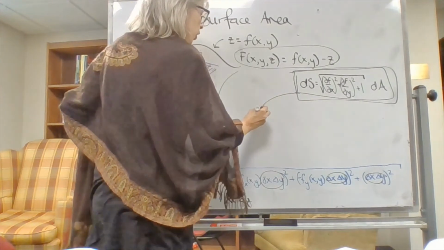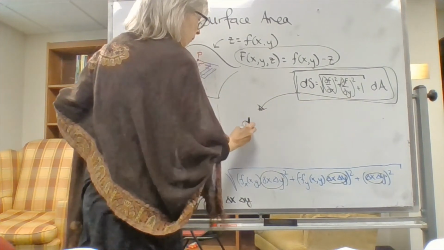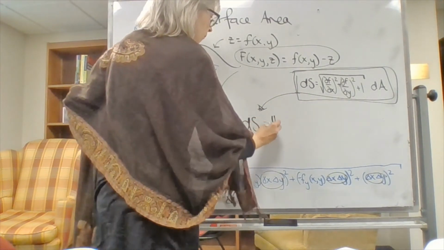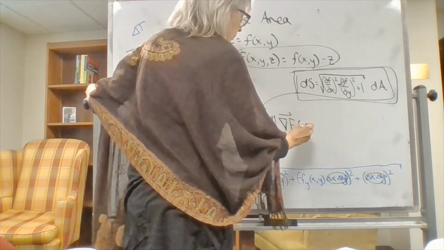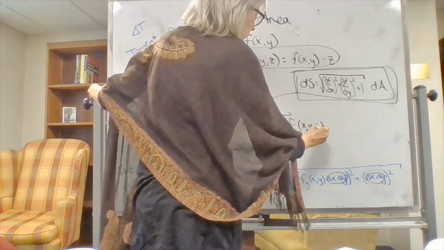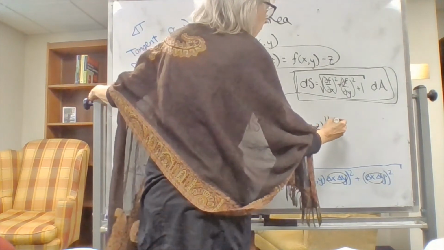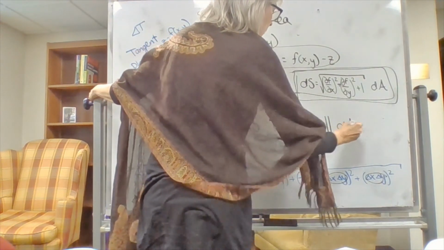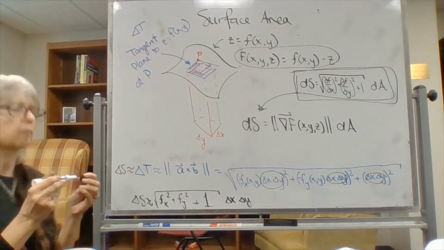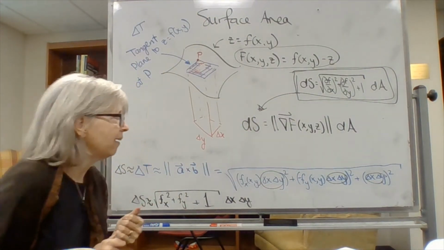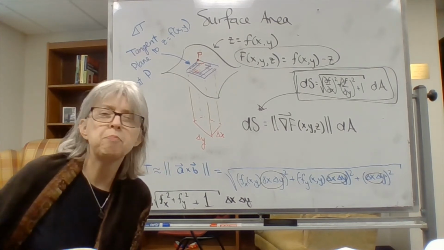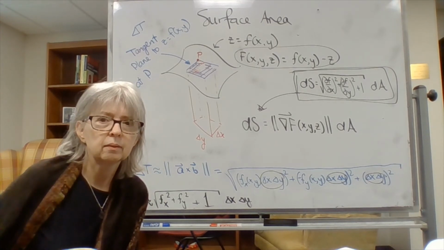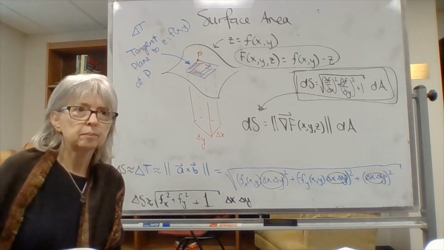Is this the same as saying the magnitude of the gradient of big F with a dA on the end?